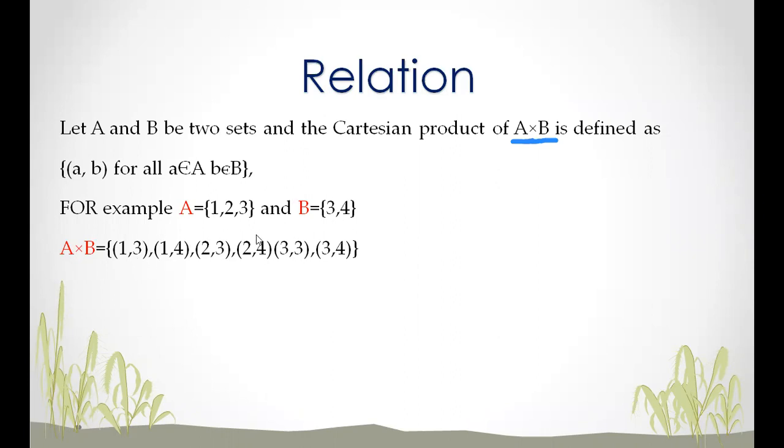Now we have written all the elements of A and B pairwise according to this definition. Here the word "all" is very important. All the elements of set A and all the elements of set B written in this form, then this collection is called the Cartesian product. This Cartesian product is very important in group theory.